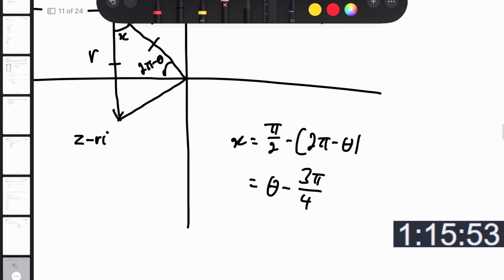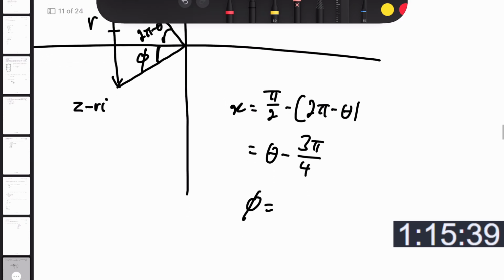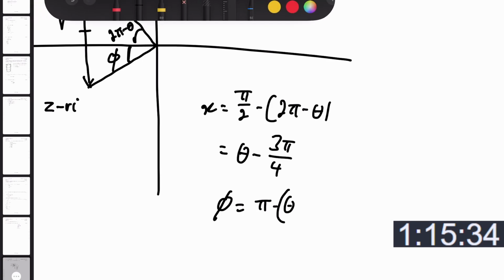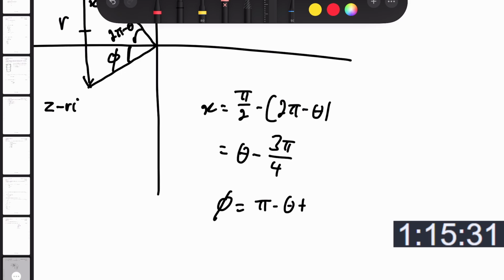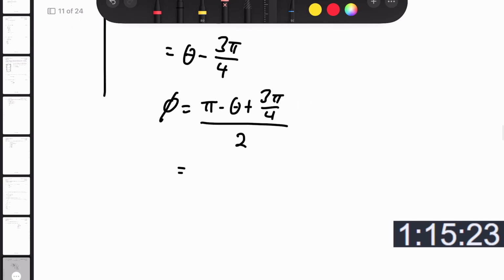Okay. So in this value, let's call that one phi. Phi is going to be equal to pi minus theta, and then it's minus that, so plus 3 pi on 4, over 2. So then this is going to be 7 pi on 8 minus pi on 2.